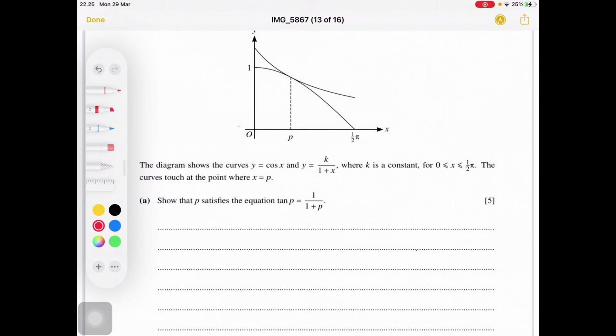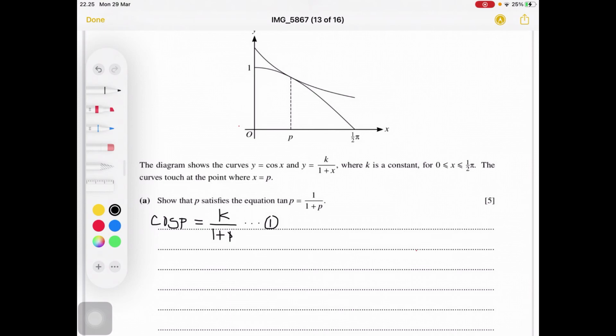So we can write for the first equation that cos p is equal to k over 1 plus p. This is the first equation.